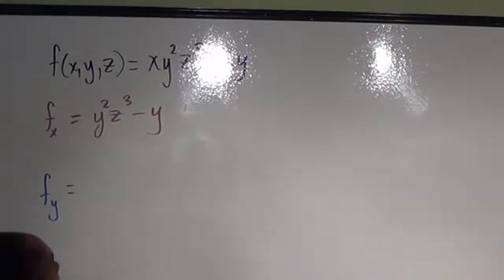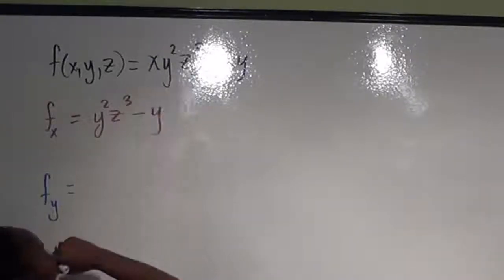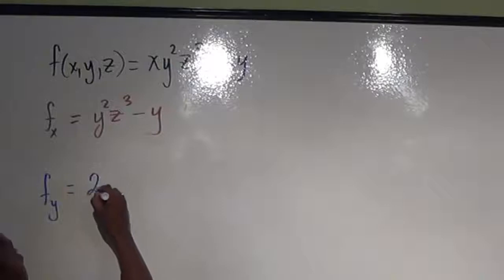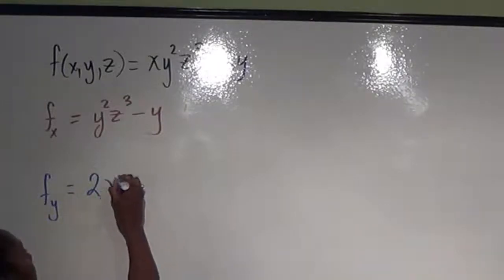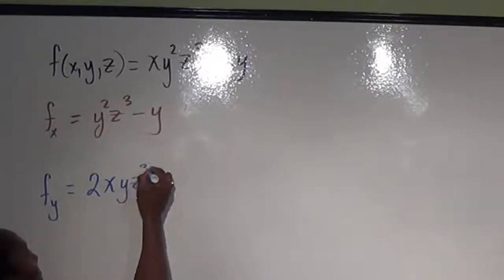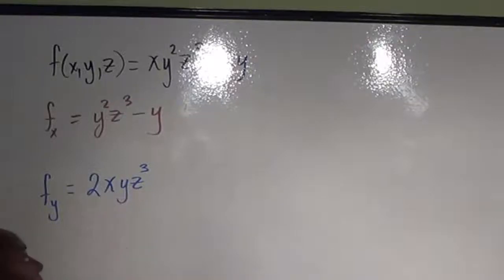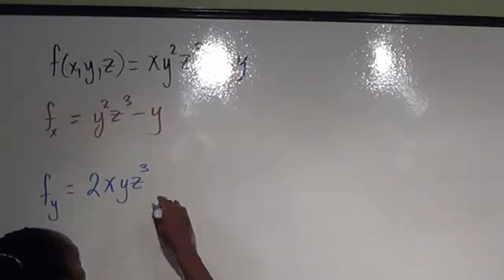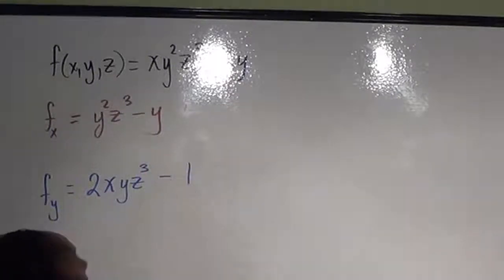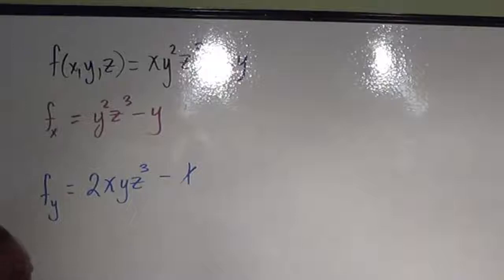In the case of f sub y, again, for the y squared, I'm going to bring that 2 down. So I'm going to have 2 times the x, y, z cubed. Okay, so those are treated as coefficients. They don't change. And we can see the 2y is my derivative of y squared minus x.